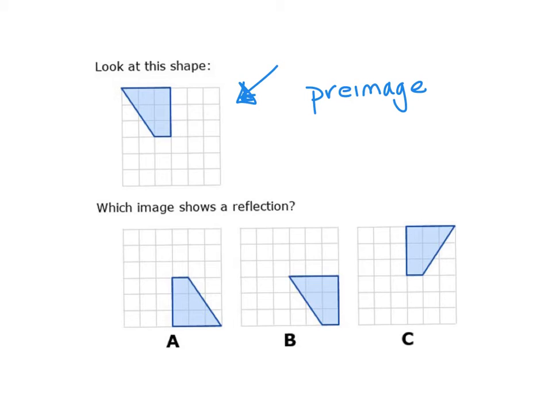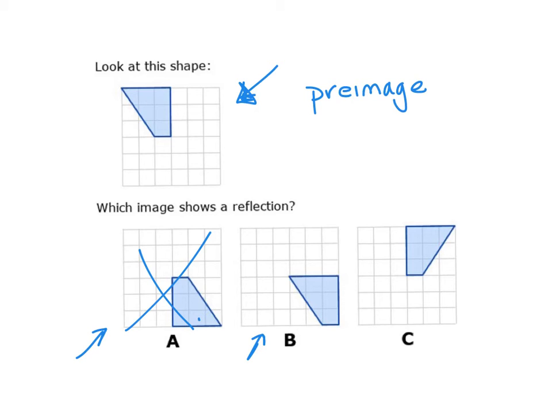Okay, so if we look at our choice A, this is definitely flipped, but it also got moved. So it is definitely not a choice. The next one here, the choice B, the orientation is the same, and that is not going to happen with a reflection. So in A, the orientation did change, but it was also moved.